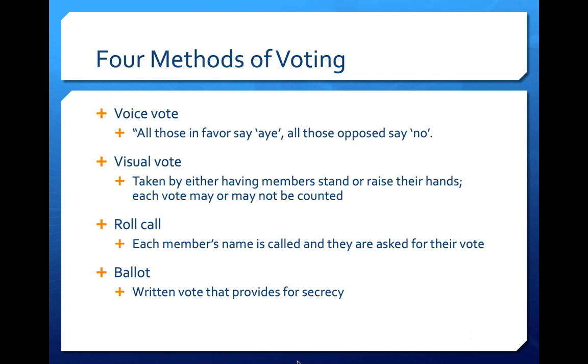Sometimes you need to have a counted vote so that you know how many people voted one way versus another. That counted vote usually is taken by having members stand or raise their hand. That way they can tell how things were actually counted, but you also know who voted which way as well. Sometimes, and this is what's done in Congress and in our state legislature, we use roll call.